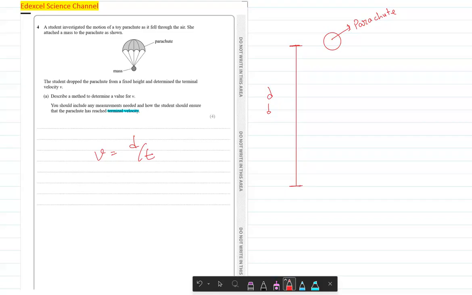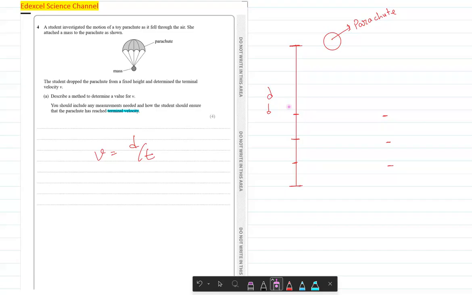Both are fine. Now to find out the time, what I want to do is set up light gates. But I want to set up the light gates actually towards the end. The reason being is that we can be sure that the terminal velocity will not be reached in the beginning of the journey. Terminal velocity is usually reached after the journey has gone for a few seconds or few minutes, right?